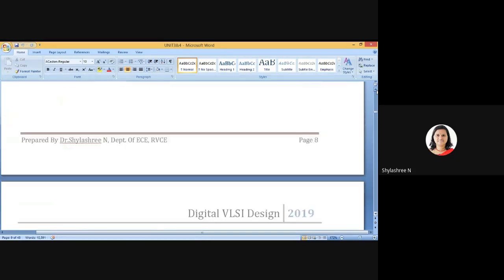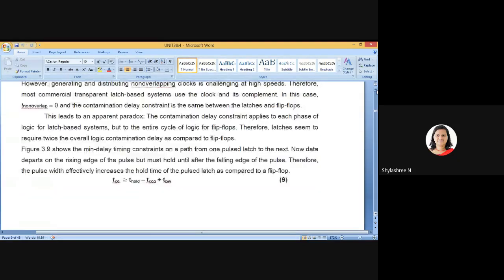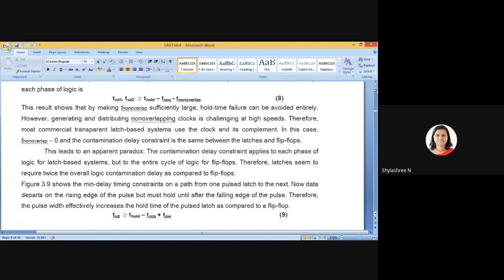If the T non-overlap is not there, then what happens? We will not come to know which latch is transparent or not. If at the same time both the latches are transparent, it is corrupting the state of the system. The data can catch up with another data, coming in a pipelined fashion, so that data will get mixed up.